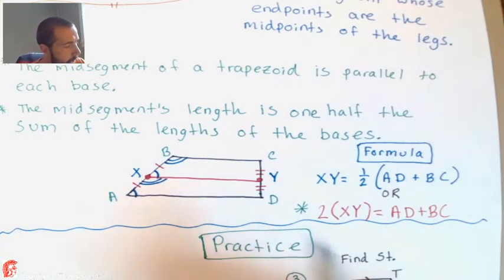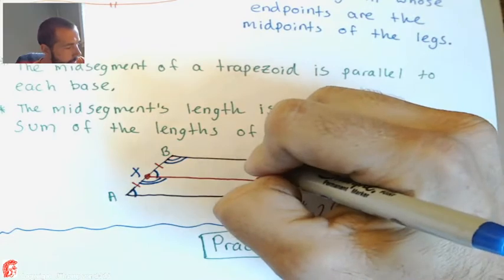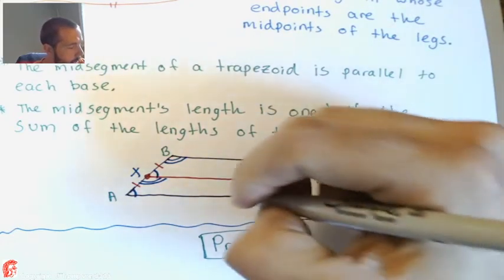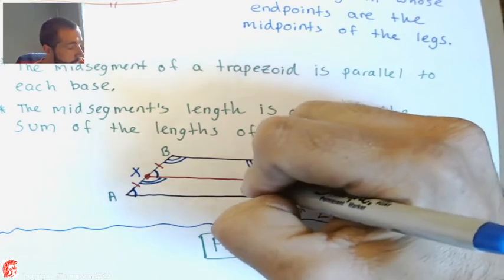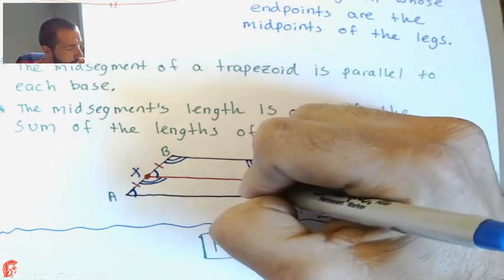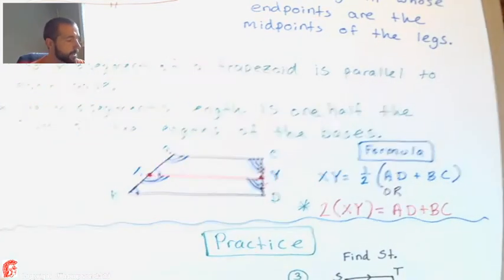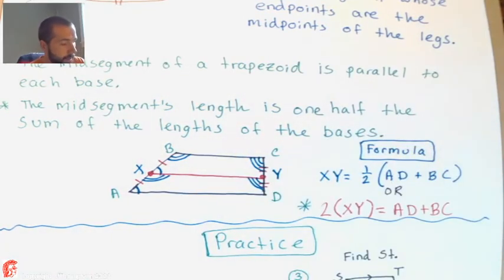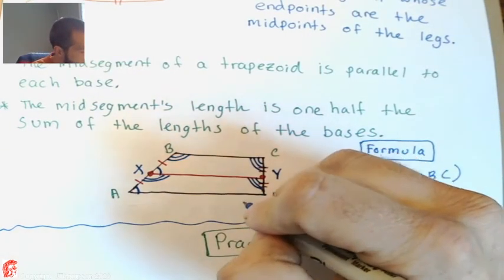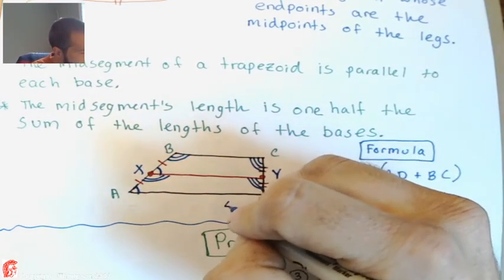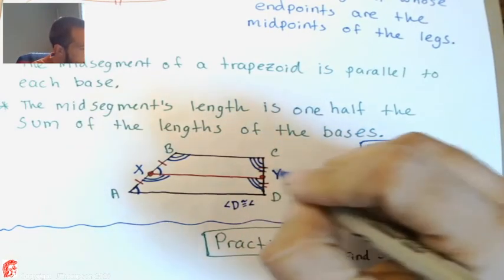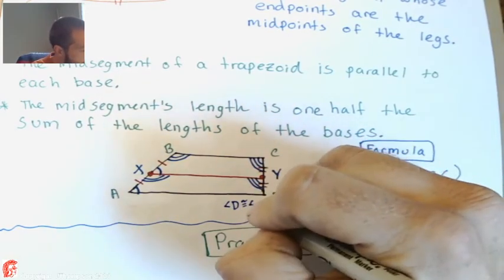And then on the other side, angle C, I'm going to put 3 arc marks, corresponds with angle DYX. So I'm going to put 3 arc marks there. And then lastly, angle D, I'm actually just going to write it. Angle D is congruent to angle CYX.